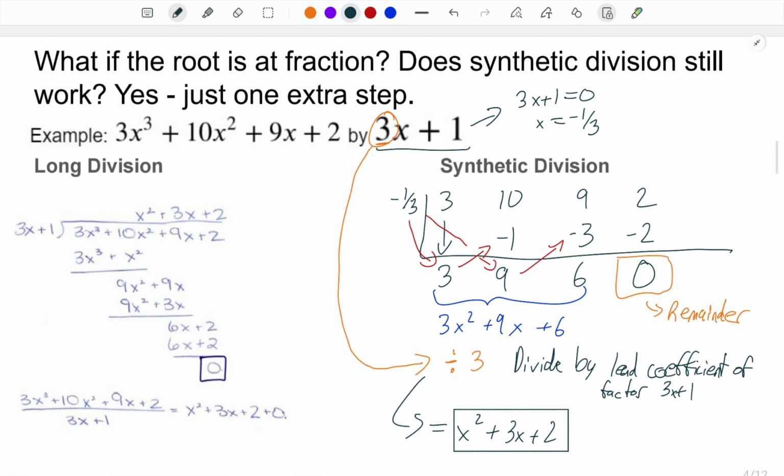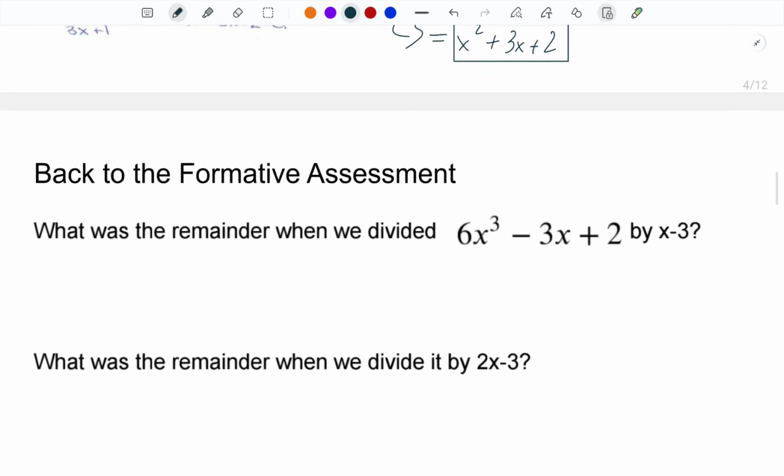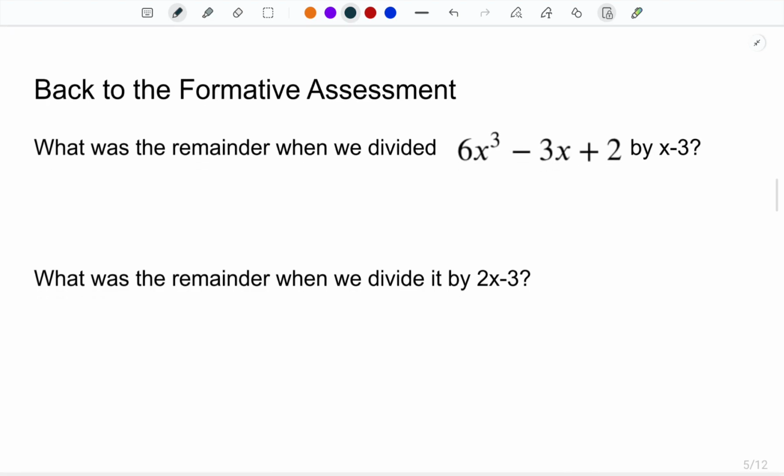All right, now let's get to this thing called the remainder theorem. So we're going to look at remainders. Remainders are, we're going to find out, pretty handy. And if we're looking at something like 6x cubed minus 3x plus 2 like you did in the formative, you should have gotten a remainder of 155.